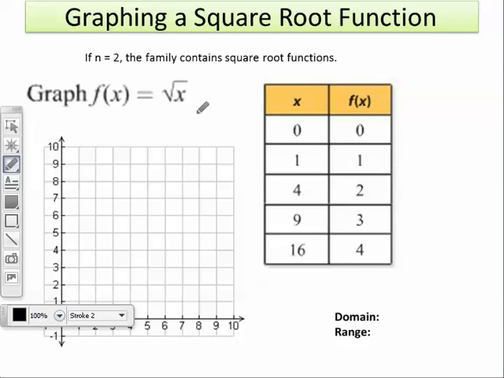First of all, let's just try graphing the square root function. If you put values in for x and get the resulting values out for f of x in a square root function, 0, 0 is one point, 1, 1 is a point, 4, the square root of 4 is 2, so that's a point, and the square root of 9 is 3, that's a point, and we could go out to 16 if we wanted to, but we can't really get it on the graph here.